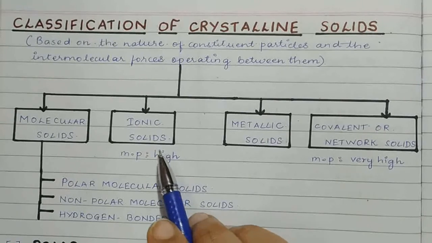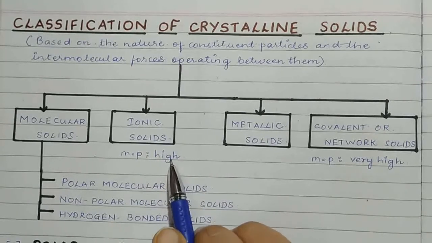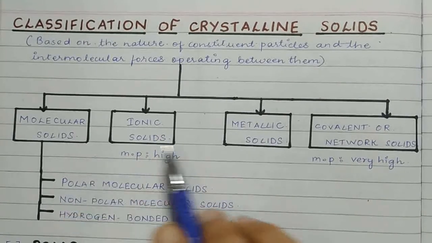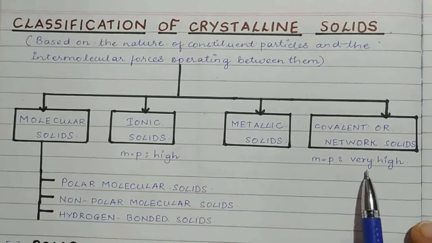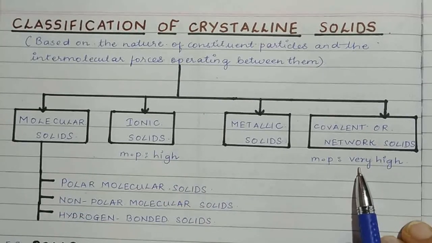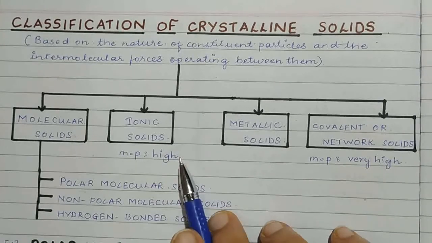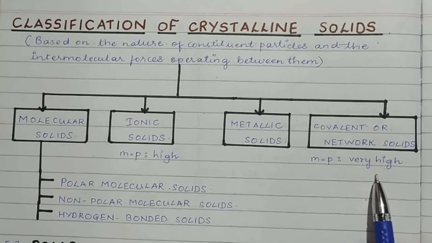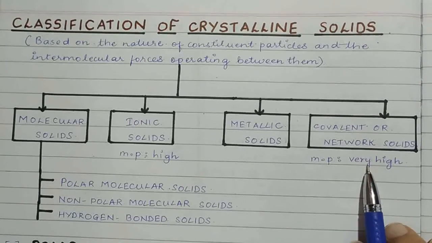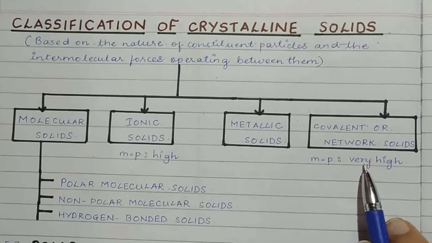Ionic solid melting point is higher than molecular solids, but definitely lower than covalent network solids. These two points are important.